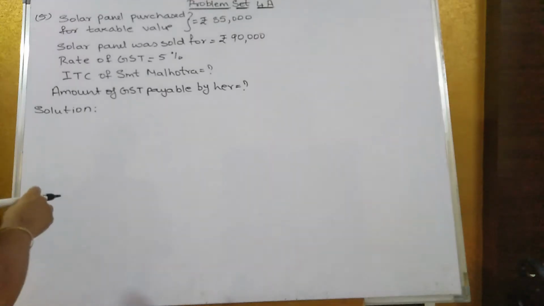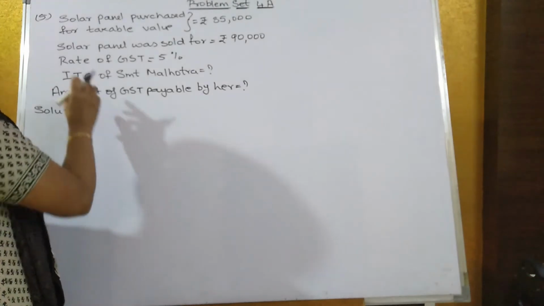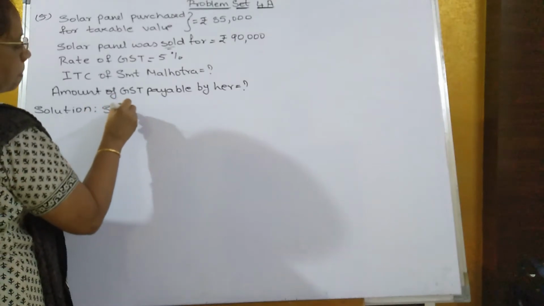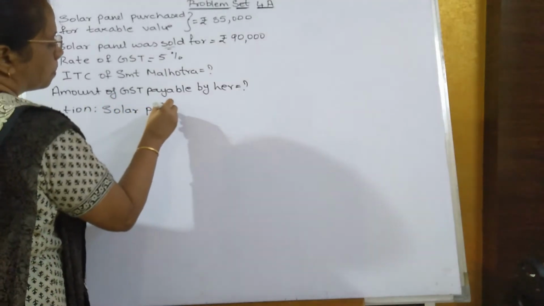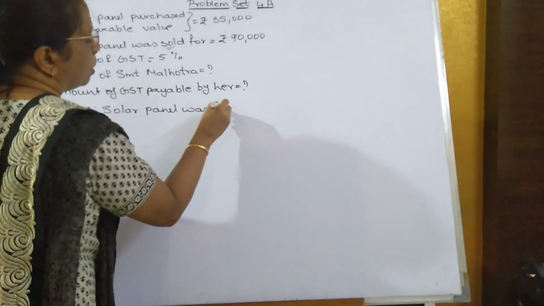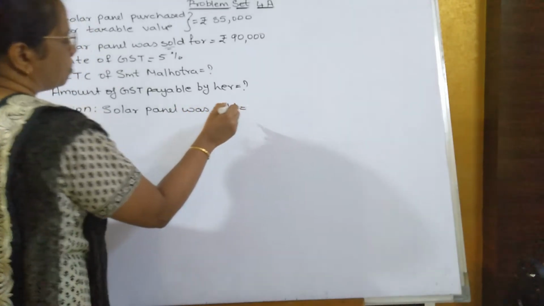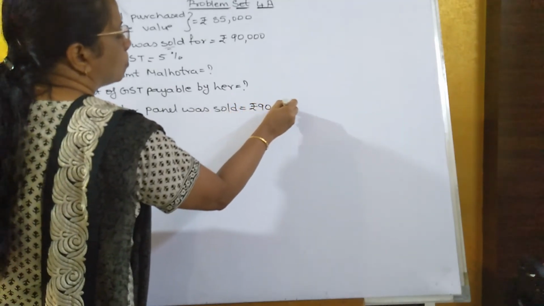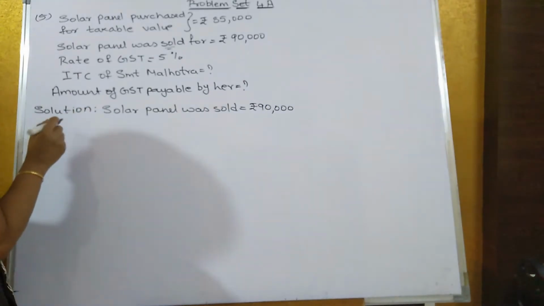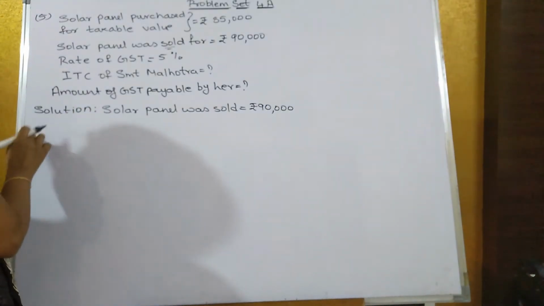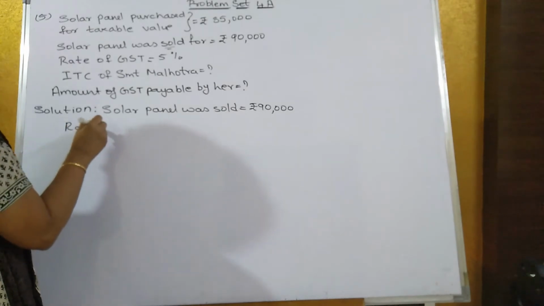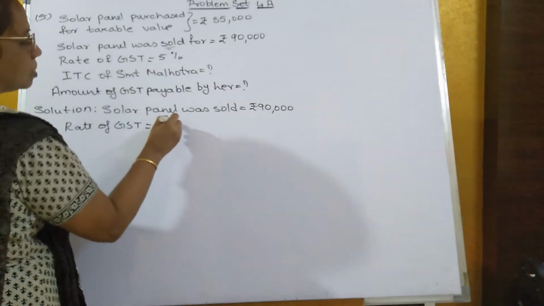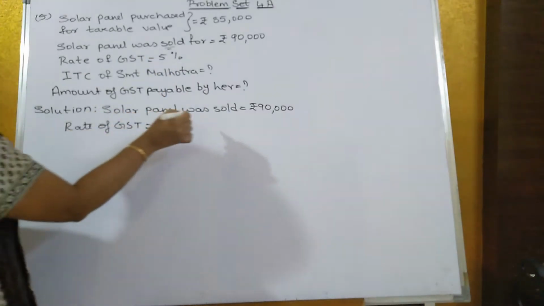Now the fifth sum of problem set 4a. They have given: solar panel was sold at rupees 90,000, and the rate of GST is equal to 5%. So output tax, whatever is sold, is output tax.